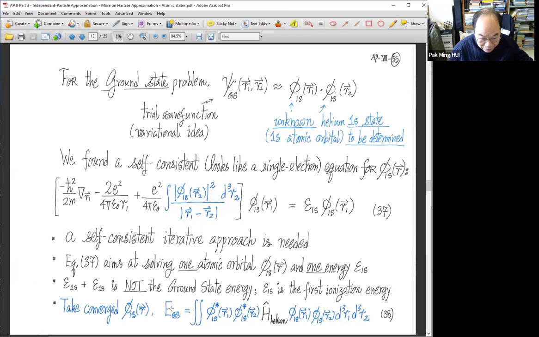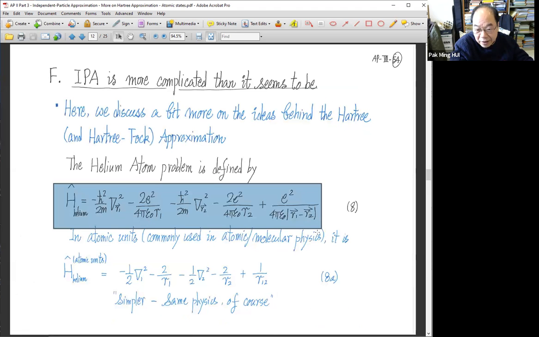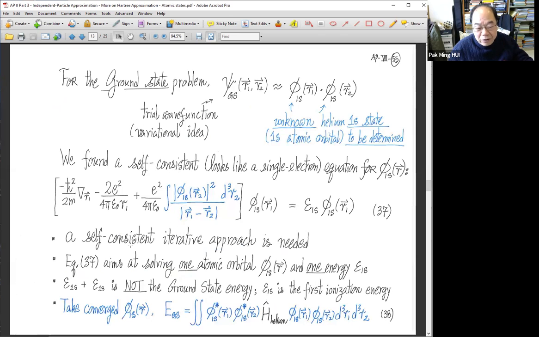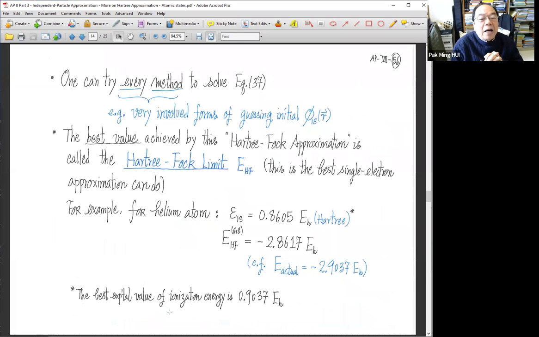If you want to get the ground state energy, you need to do an expectation value with the full helium Hamiltonian. After you do that, then you will get a number out to compare with the best value. So I summarize what we just did in the beginning of today's class, all right?